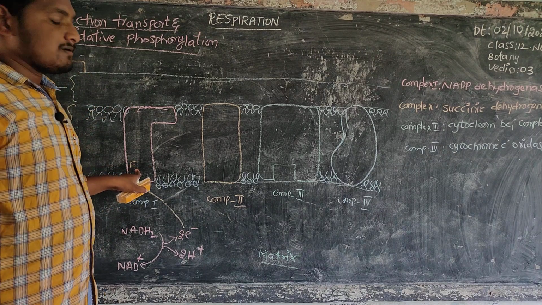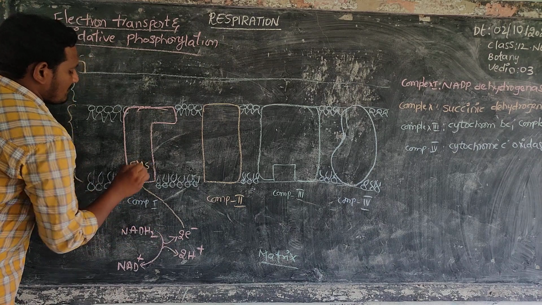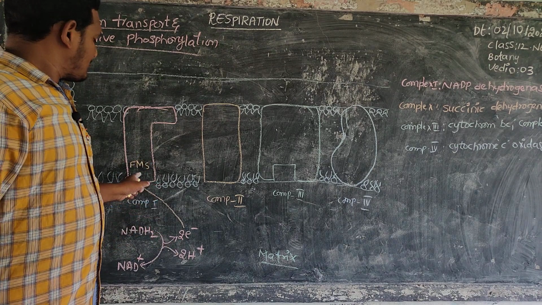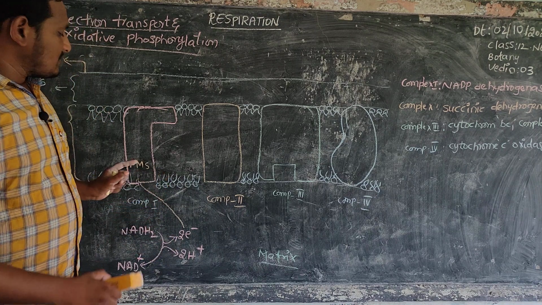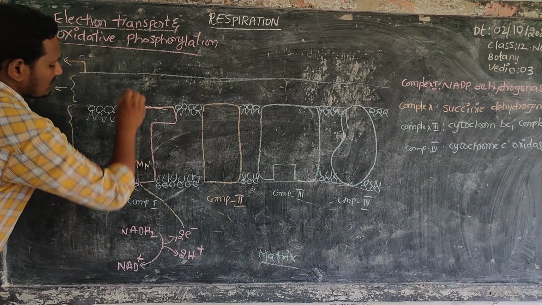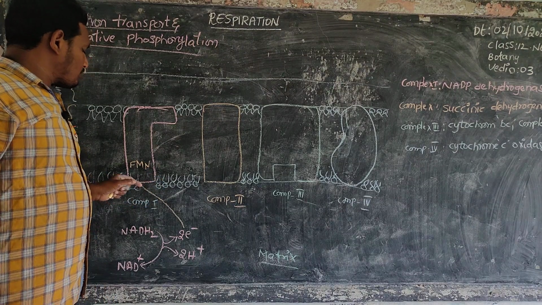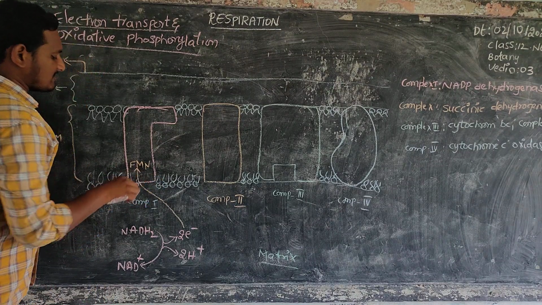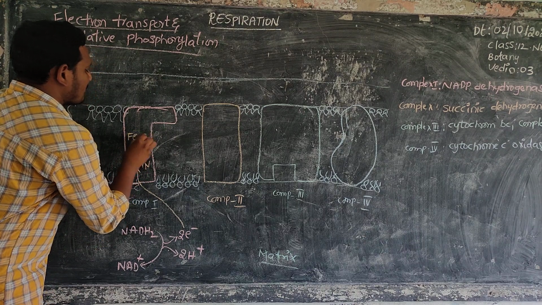So these electrons travel from complex 1 with the help of the enzyme flavin mononucleotide, FMN. The first electron acceptor, flavin mononucleotide, receives this pair of electrons and sends them to iron sulfur centers.